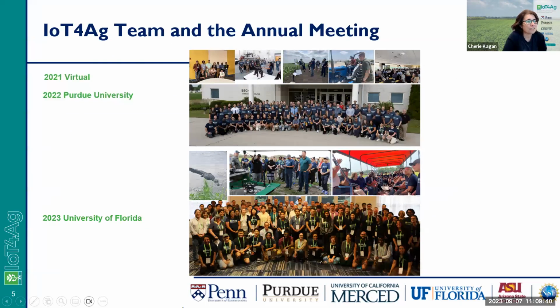You'll see lots of the faces. Some of you might recognize, I see some of the names local to the University of Florida, the Hilton on campus, or some of the other facilities out at Live Oak. But it's a group that comes from 4 different universities: the University of Pennsylvania, Purdue University, the University of California at Merced, and the University of Florida.